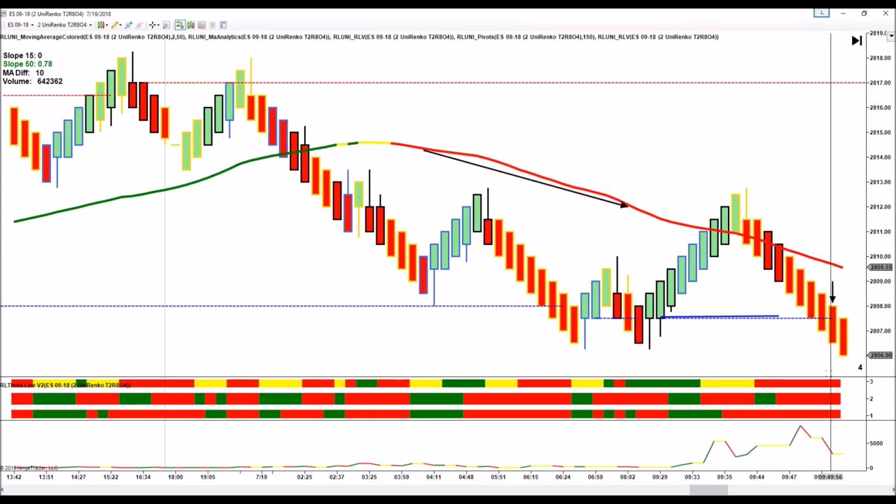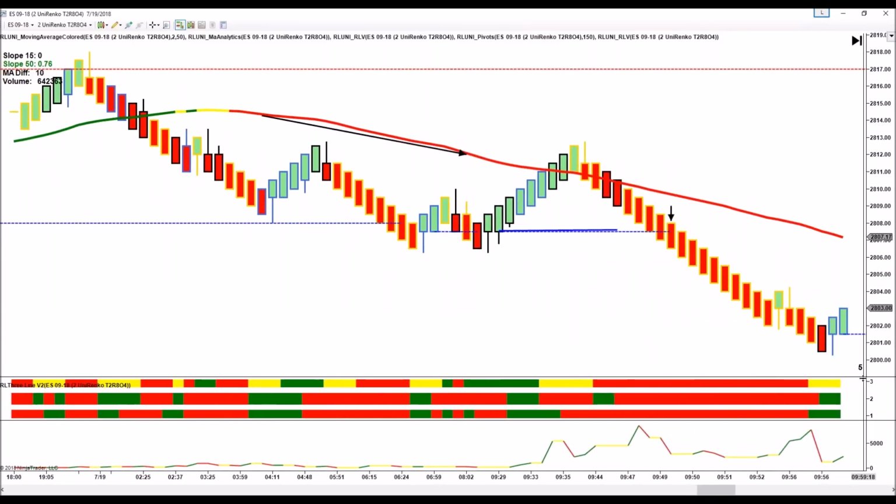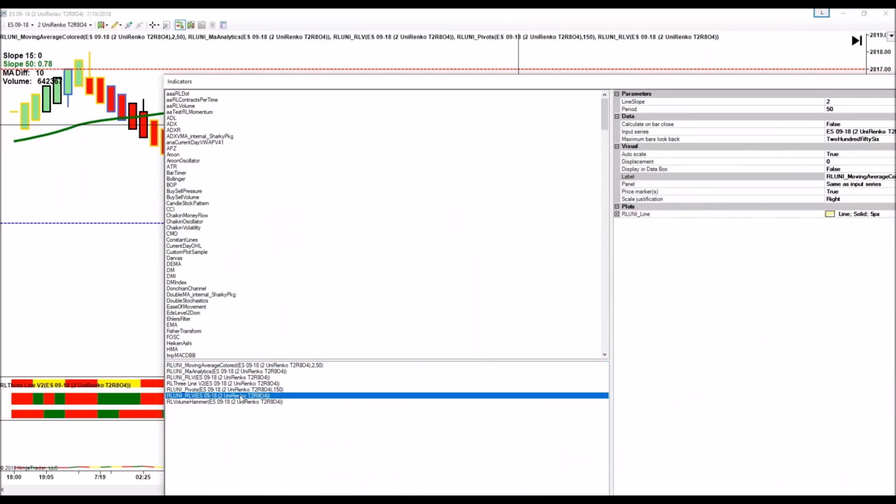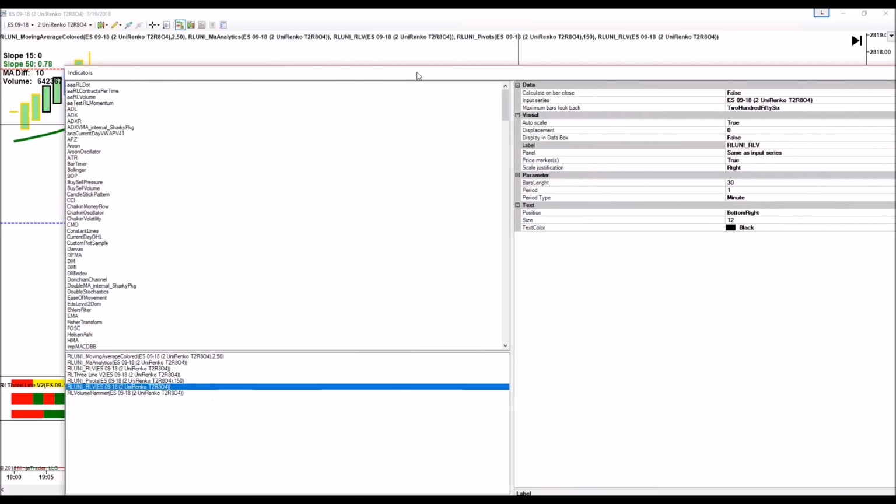But this, I mean, you can look at the E-mini. It's sort of dead. And this is the number of contracts crossing per unit time. And you can change it. If you look at the RLV, we have it changing every 1 minute.